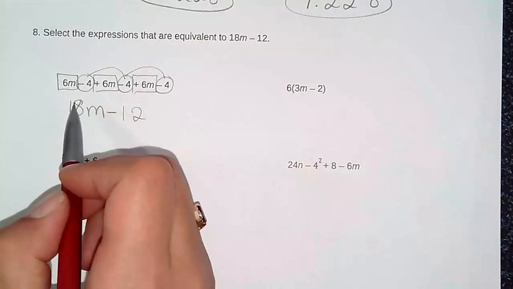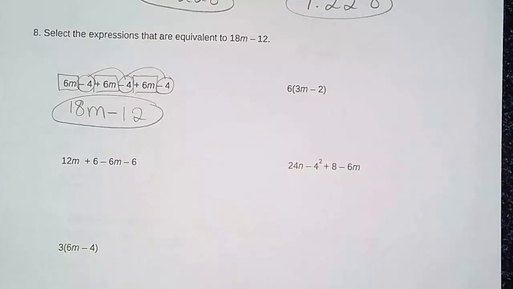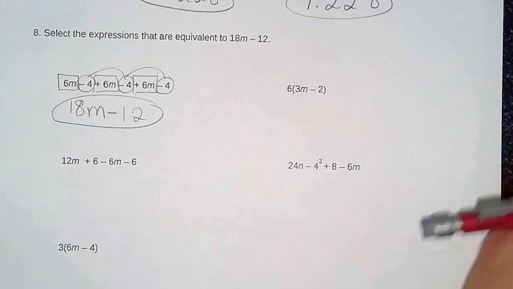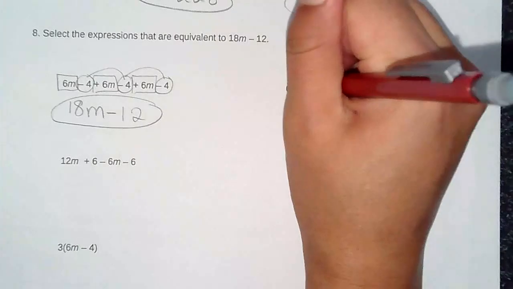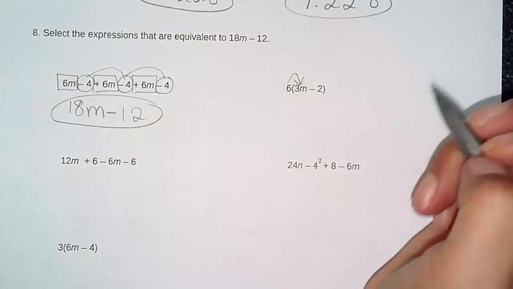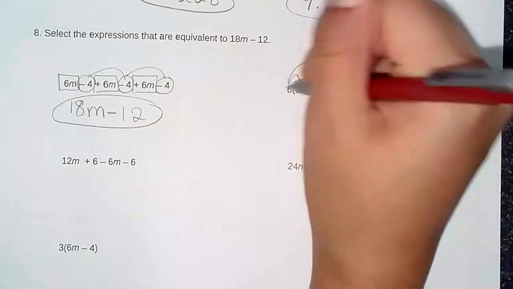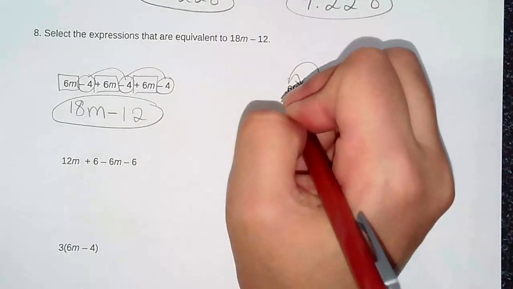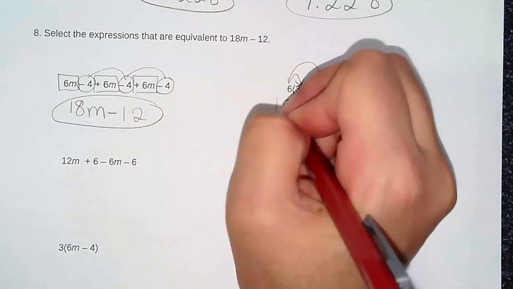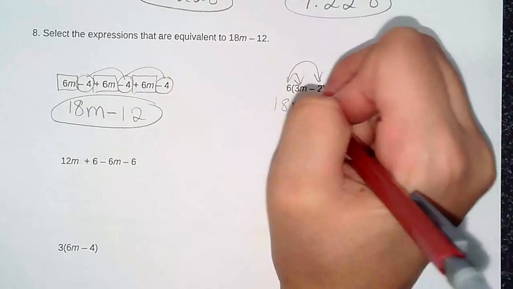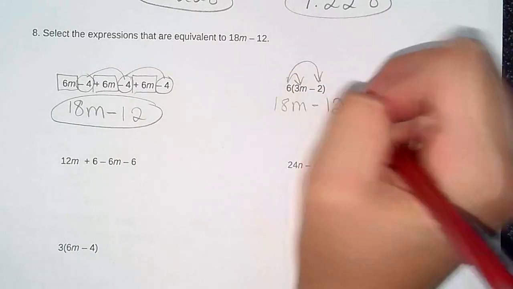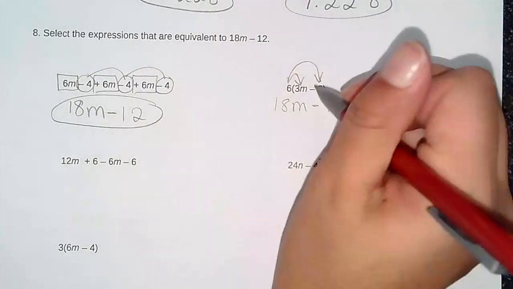So I end up getting 18m minus 12. This one I have to distribute. 6 times 3m and 6 times 2. 6 times 3m is 18m. I keep the sign, and 6 times 2 is 12. This is also the same.